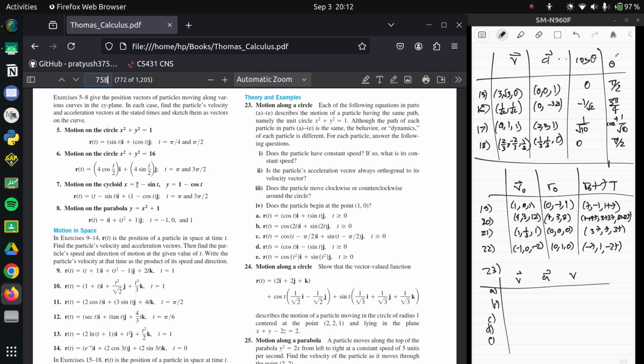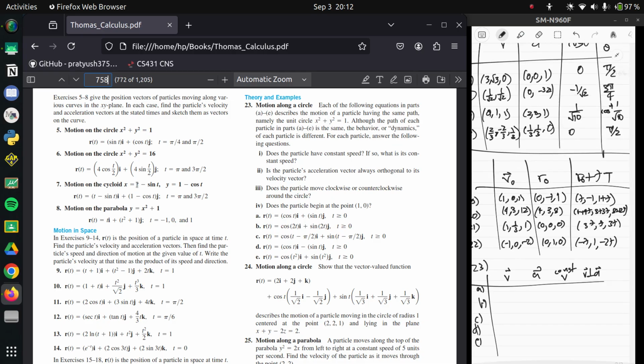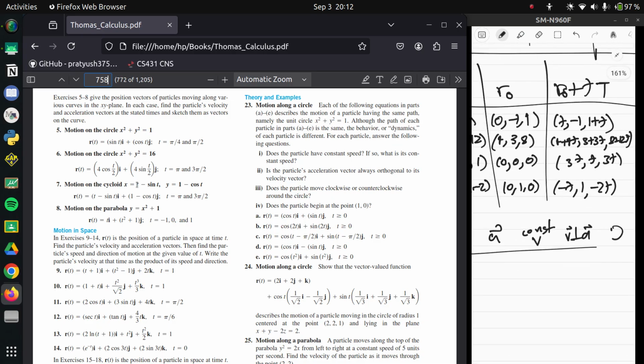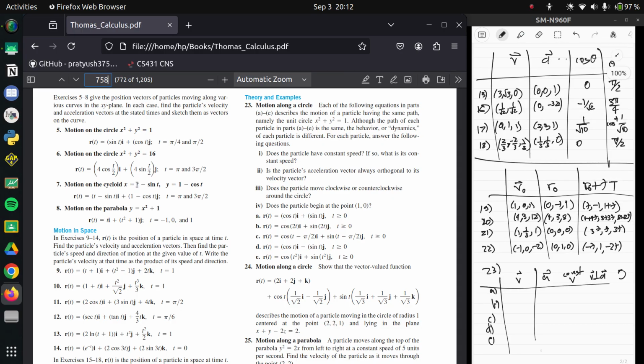So basically just want to have, is it constant speed? Or is it like, okay, perpendicular, so it's like V perpendicular to A. What else? Does the particle move clockwise or counterclockwise? So just, is it moving counterclockwise? Sure, that makes sense. Just start.